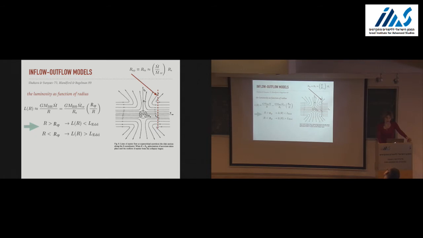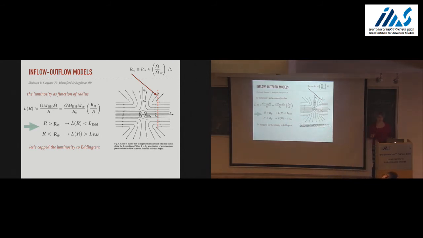And what they assumed is that the Eddington limit is a limit for accretion, even if this is not a spherical case, but apart from a numerical factor, it's okay. So they cap the luminosity at Eddington for R less than the spherization radius.